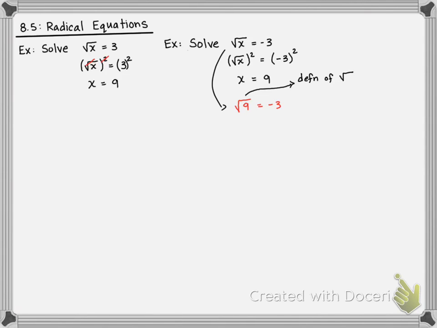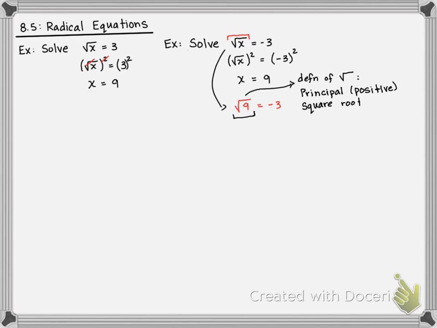It is the principal, or positive, square root, which means that this side of the equation, no matter what x is, is always positive because that symbol represents a positive number always.